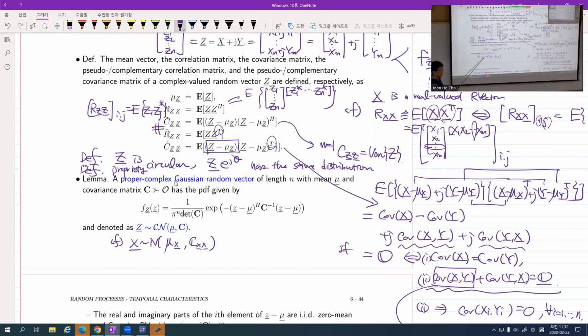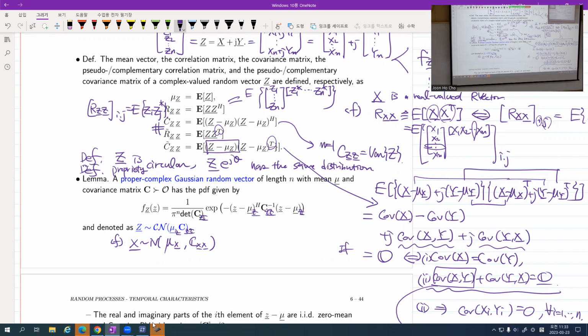When it's real, Gaussian means normal, so we use N here. By the way, if Z is a proper complex Gaussian, we use complex normal. You've probably already seen from research papers or other textbooks that Z follows the complex normal distribution with mean mu, probably 0 if you want, and covariance C_ZZ if you want, okay?